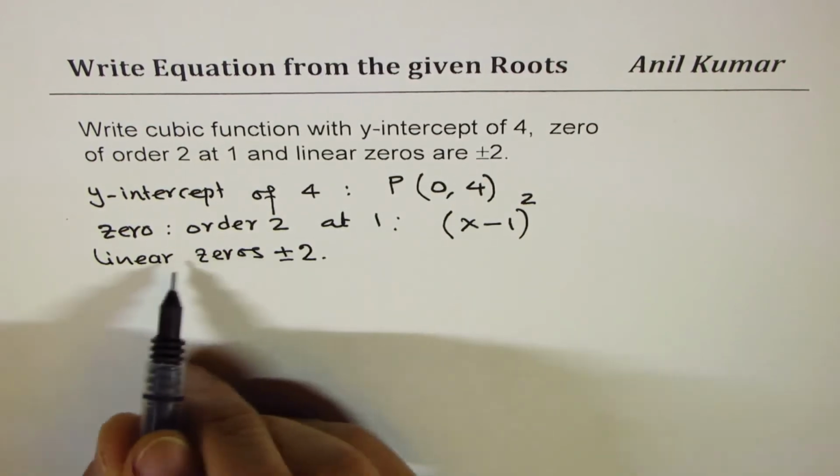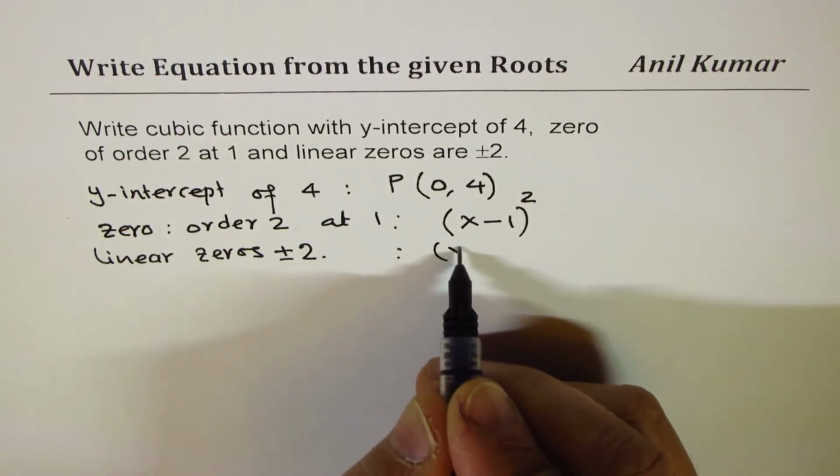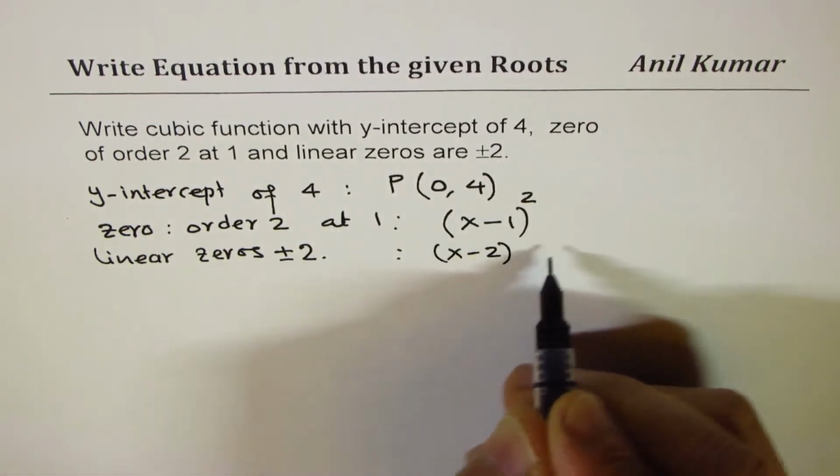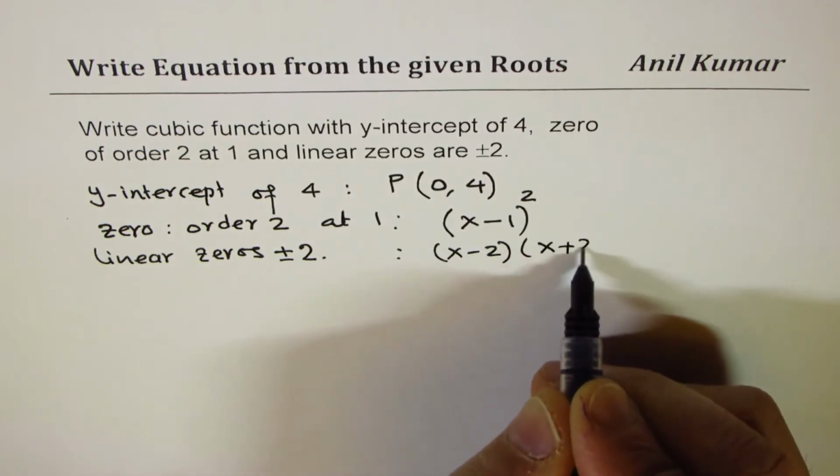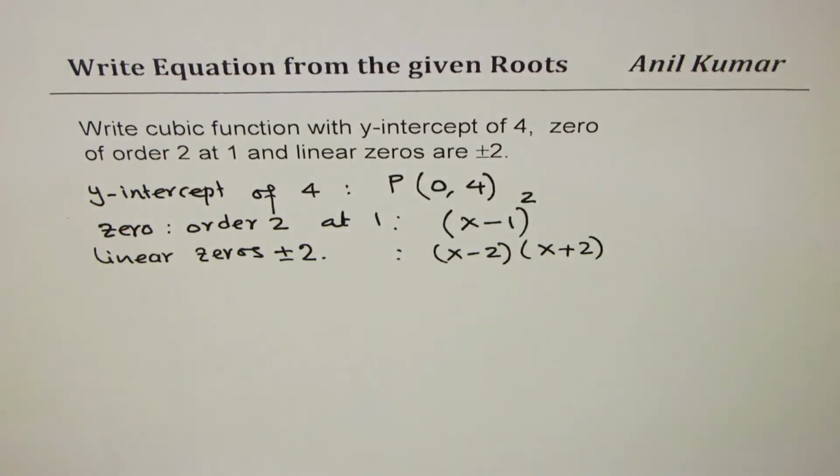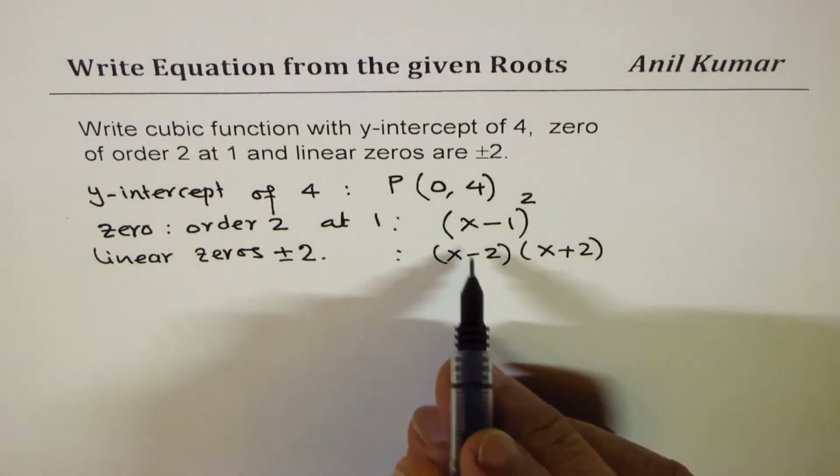That means there are two different zeros. One is at x minus 2. The other one is at x plus 2. You get an idea, right? So this is the information which is given to us in the given question. Now, combining all that, we can write our function.